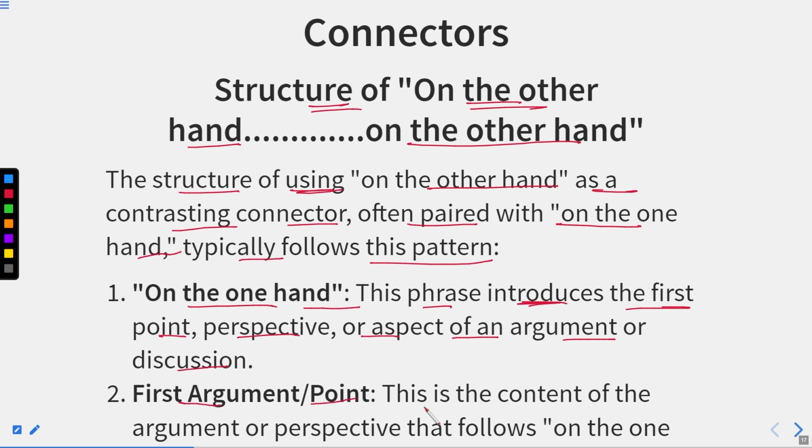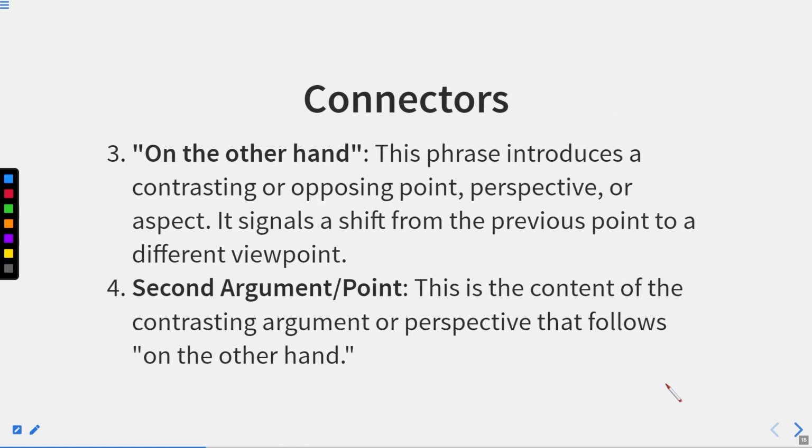First argument or point: this is the content of the argument or perspective that follows "on the one hand." "On the other hand" introduces a contrasting or opposing point, perspective, or aspect. It signals a shift from the previous point to a different viewpoint.